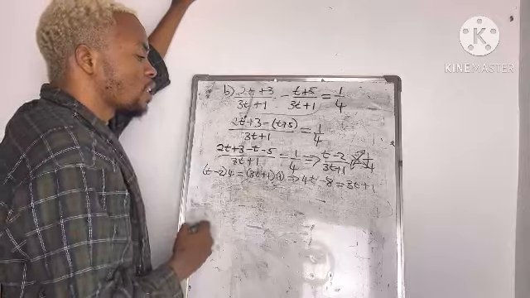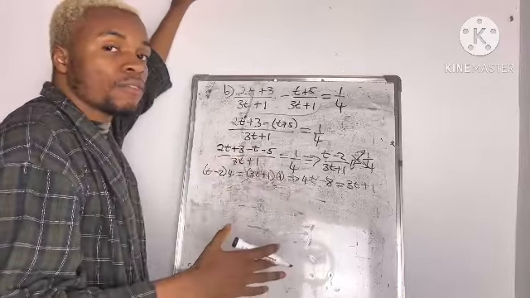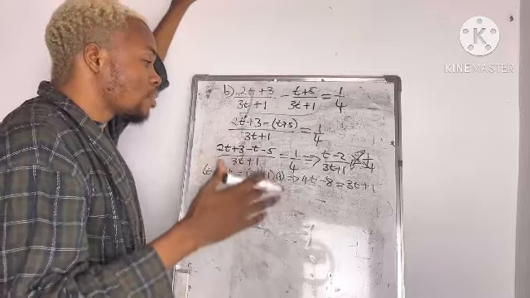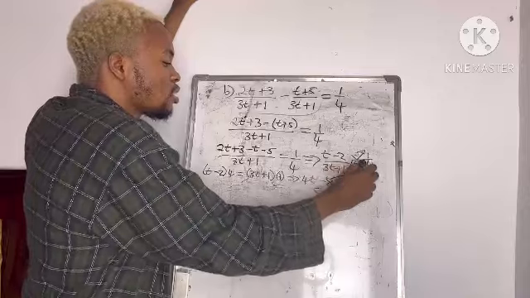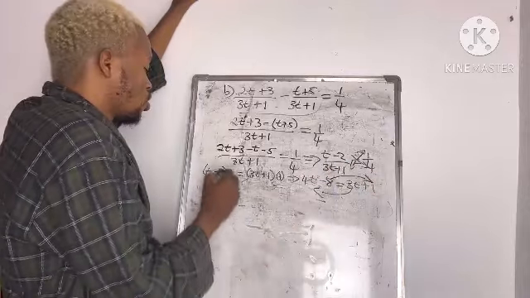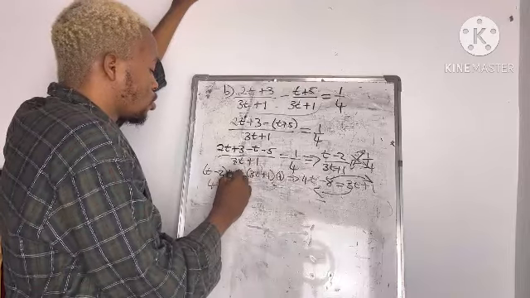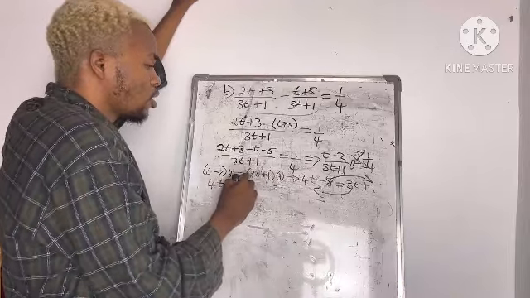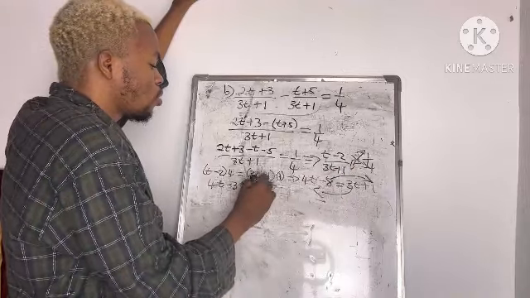Okay, now the next thing which you got to do is you bring the like terms together. So we could bring this way and take this other way. So you end up having 4t − 3t equal to, you bring negative 8 that way, you are going to have 1 + 8.